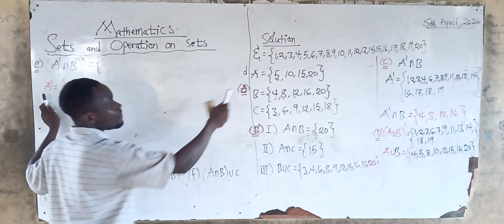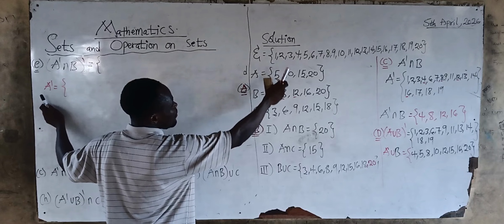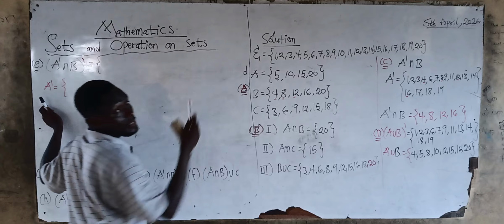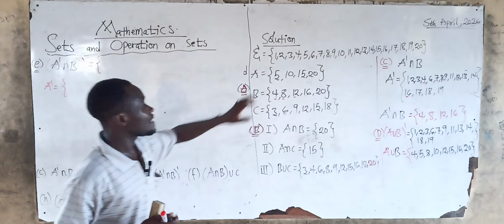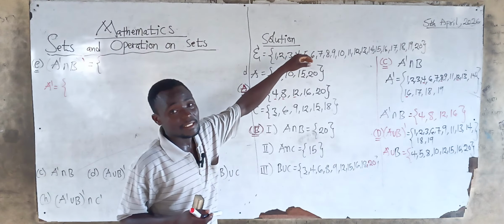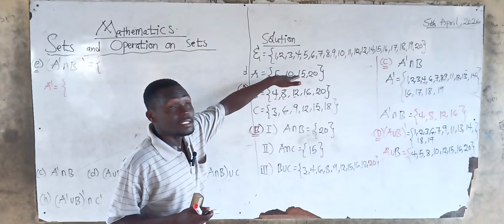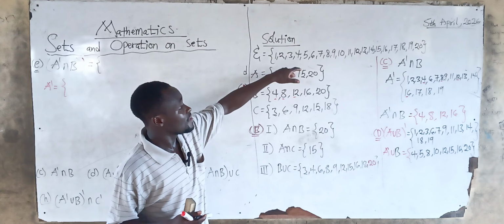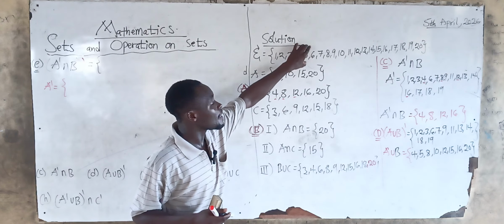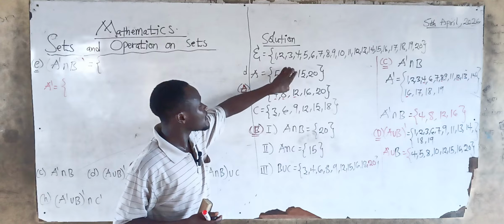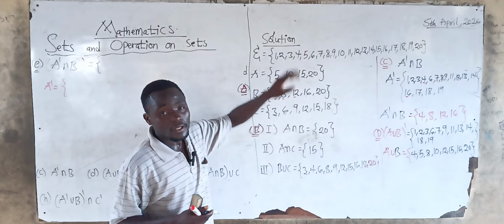The mother set contains some elements that are not found in the set A. So these elements that are in the mother set and are not in the set A become the complement.